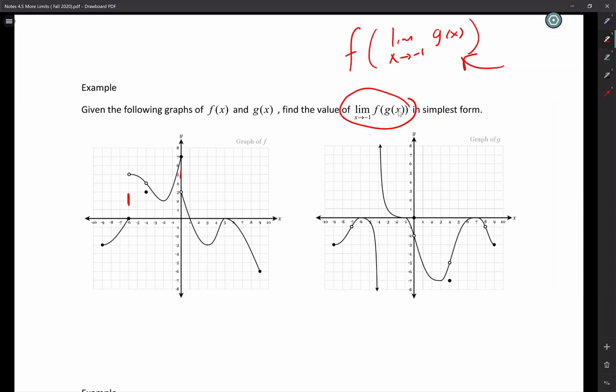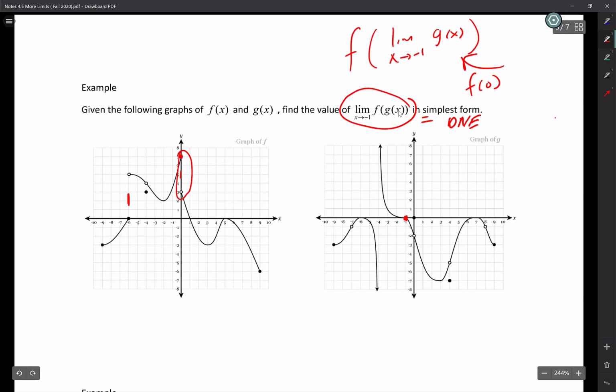All right, so let's see. -1 for g, so here's -1 of g. That y value looks like 0. So this means f of 0. Well, f of 0, look at that. You have a jump. So this does not exist. This must be continuous at 0. You cannot say 7.